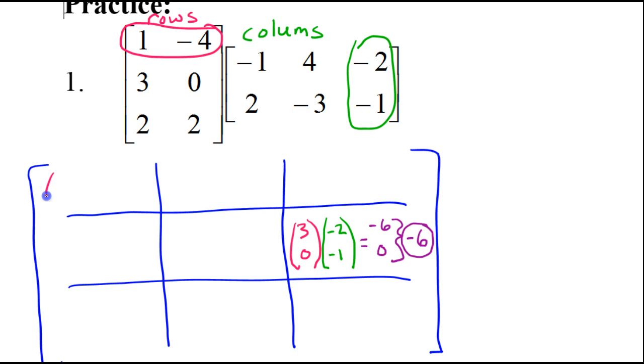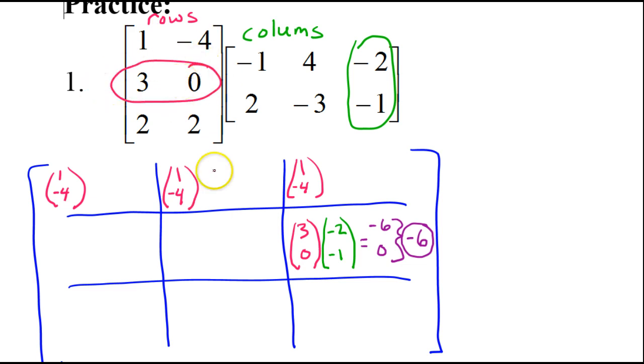When we do rows times columns, in this row it's always going to be 1, -4. So I might as well just write down 1, -4 three times, because in row 1, I'm always going to be using row 1. Now let's move on to row 2.